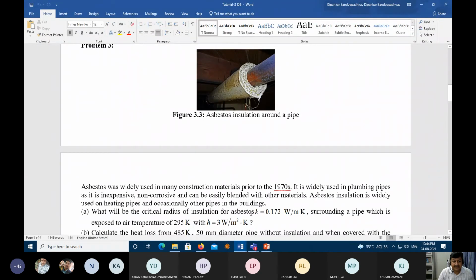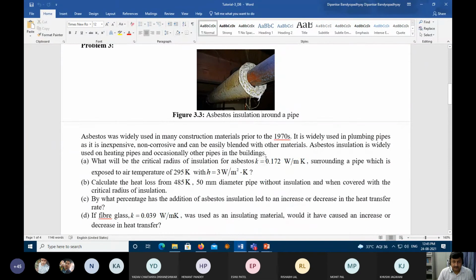So this is a critical insulation thickness, okay? Somebody reads for me. Quickly, don't waste time. Asbestos was widely used in many construction material prior to 1970. It is widely used in plumbing pipes as it is inexpensive, non-corrosive, and can be easily blended with other materials.